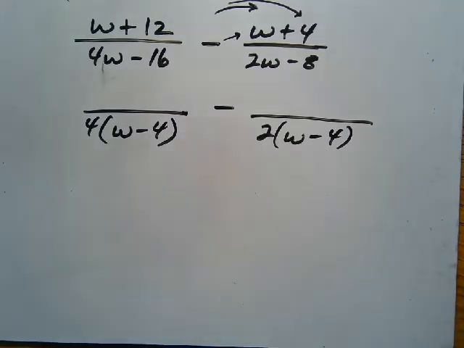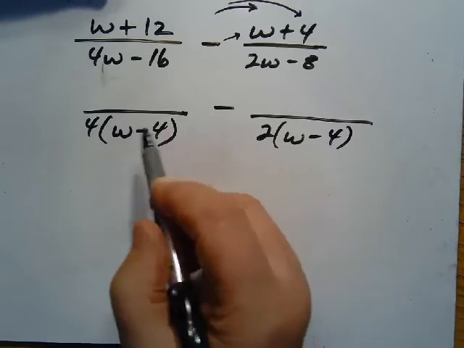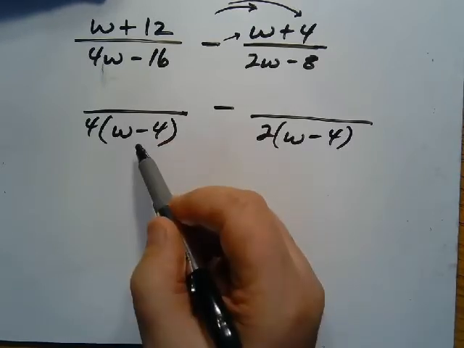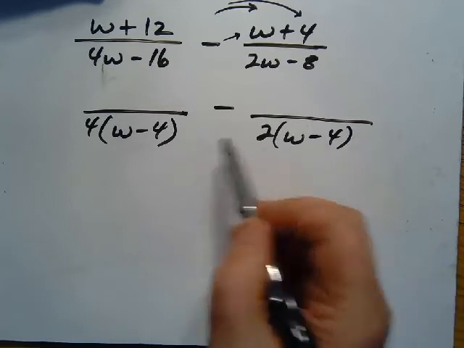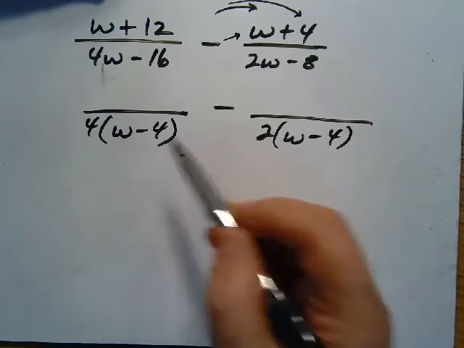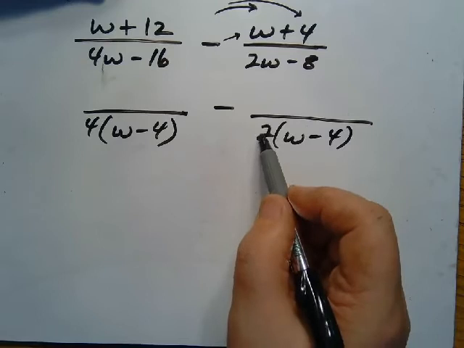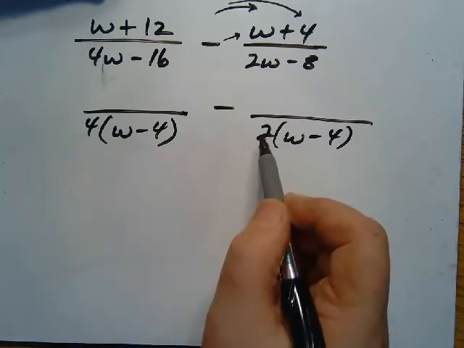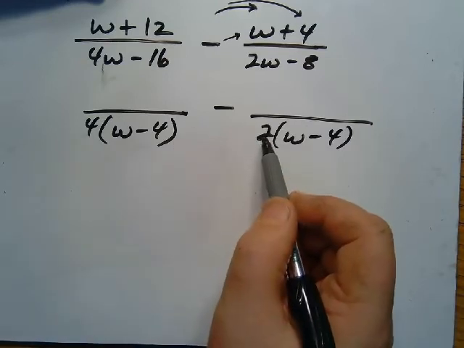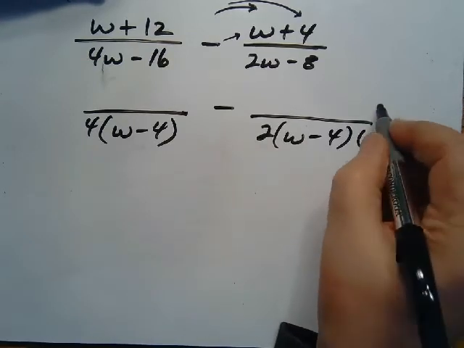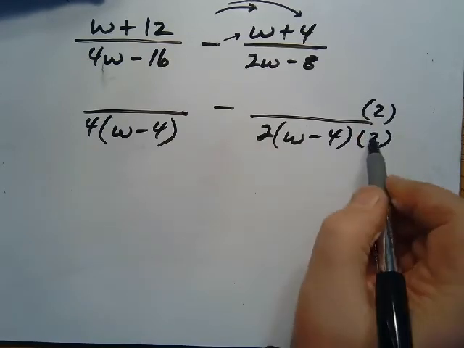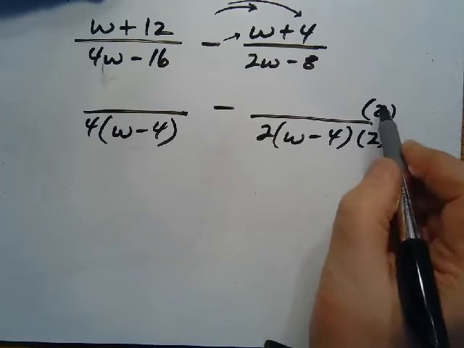So we're going to take the highest degree of every factor. Well, w minus 4 is only listed to the first power, and we're just going to list that. So that's in common. And there's a 2 in here, but we're missing another 2 over here. So I'm going to multiply this by 2 again, top and bottom, because this one's missing a 2 over here.